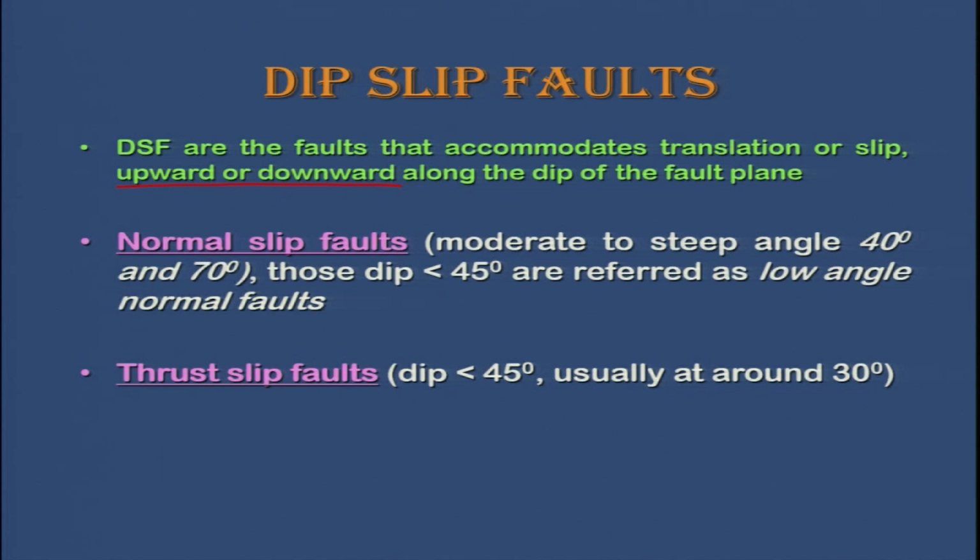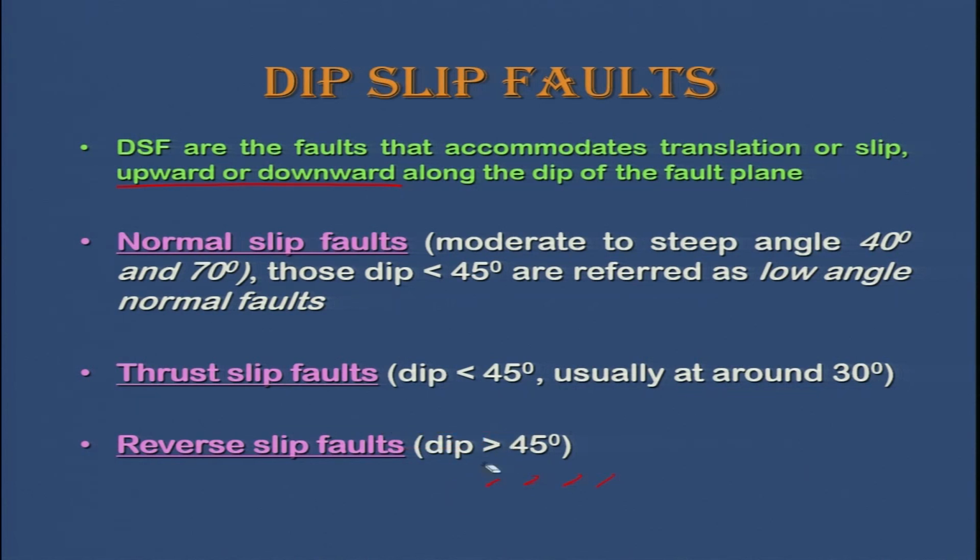Thrust faults: if the dip of the fault plane is less than 45 degrees, so for example, if you have a reverse fault where this block has moved up, and the angle of the fault is less than 45 degrees, then they are termed as thrust faults. If greater than 45 degrees, then they are termed as reverse faults.